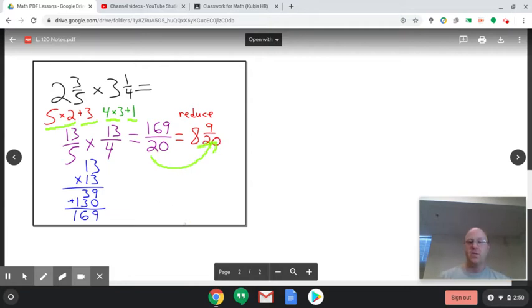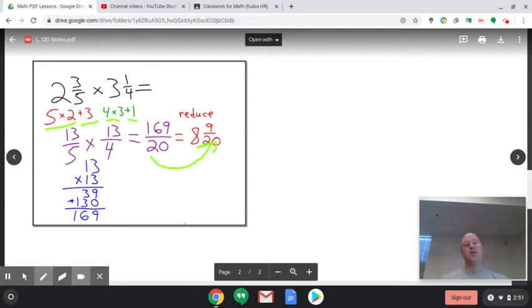So again, reviewing real quickly, to multiply mixed numbers, first step, change them to improper fractions. So to do that, take your denominator times your whole number, add your numerator. The denominator stays the same. Once you have them changed to improper fractions, you just multiply.